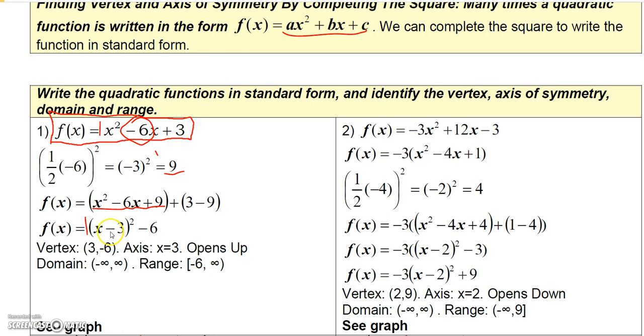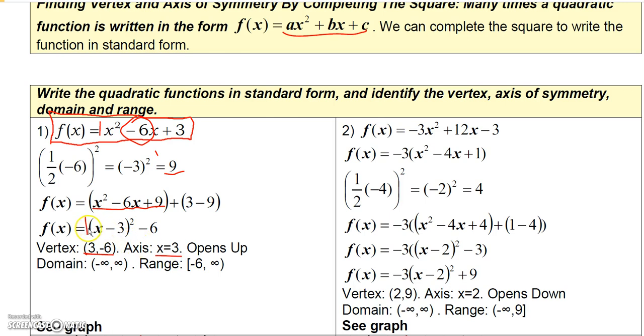The x value is the opposite of this sign, which would be 3. And then the y value would be whatever I'm adding, and I'm actually adding negative 6 here. So the y value of the vertex would be negative 6. So the vertex would be 3, negative 6. And the axis would be the vertical line x equals 3.